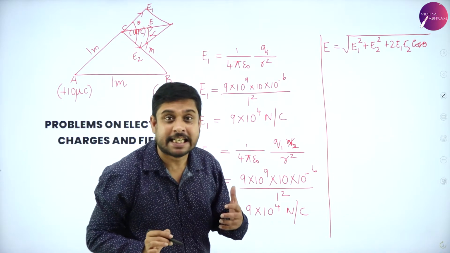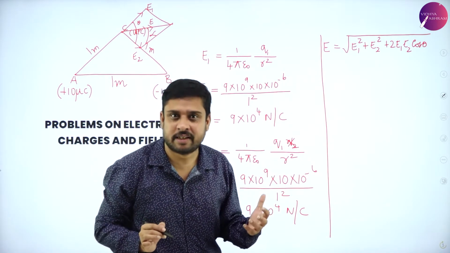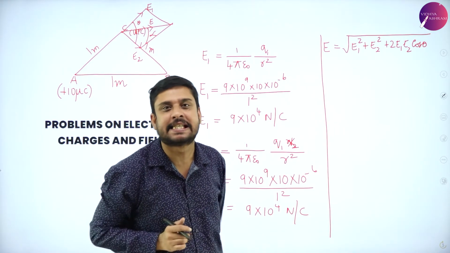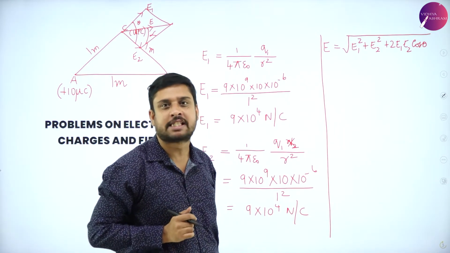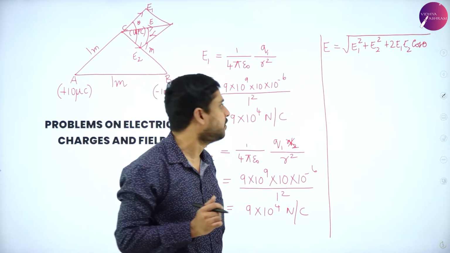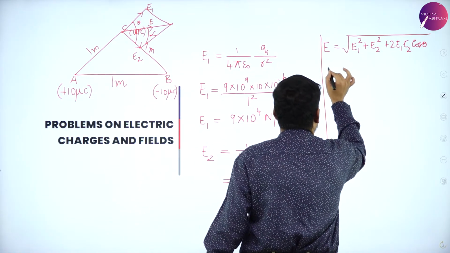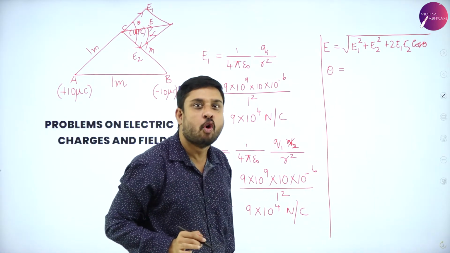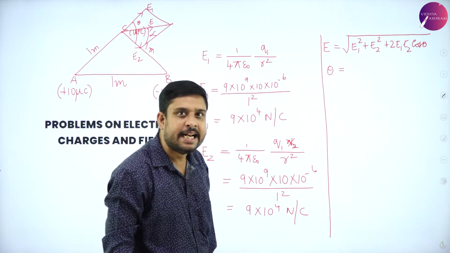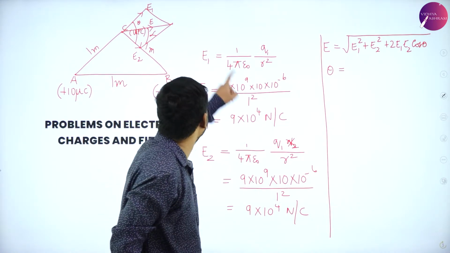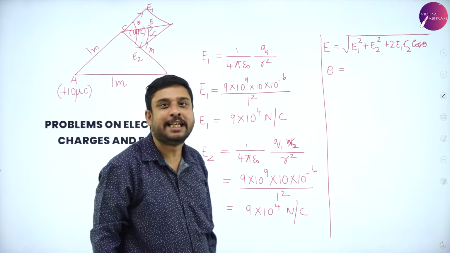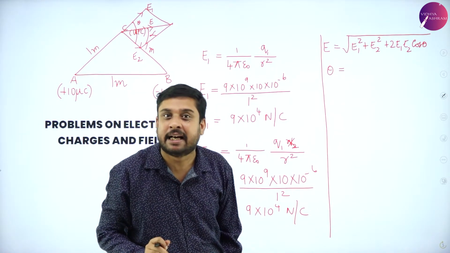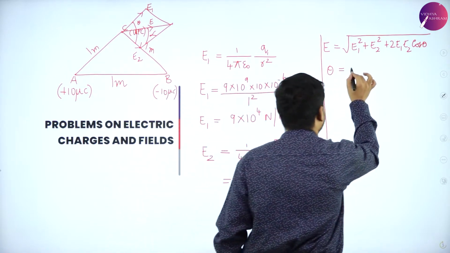We have done all these things in our session, or you are familiar. Expression for resultant of two forces acting at a point. What is theta here? If you observe, it is the angle between E1 and E2. And it is an equilateral triangle. So 120 degrees.